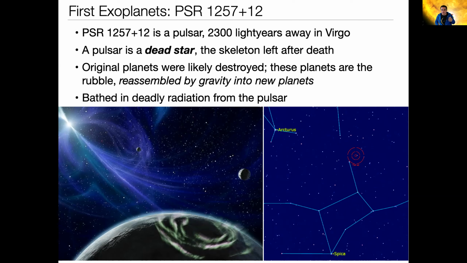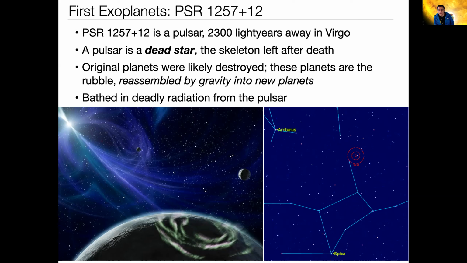And so our current belief is these planets that we've discovered around this pulsar are not the original planets that lived around the original star before it exploded, but are actually new planets that formed from the rubble of the old planets that was left over after the star exploded. So gravity regrouped all of this material together and gathered them into these new planets that we see here.